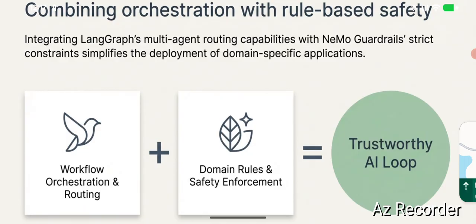So workflow orchestration. The orchestration or the planning agent gets the input, and then that information is processed, and while processing we can consider the domain rules and enforce safety, like I mentioned earlier, for a flight solution where the person interacts with the agent to book the flight.